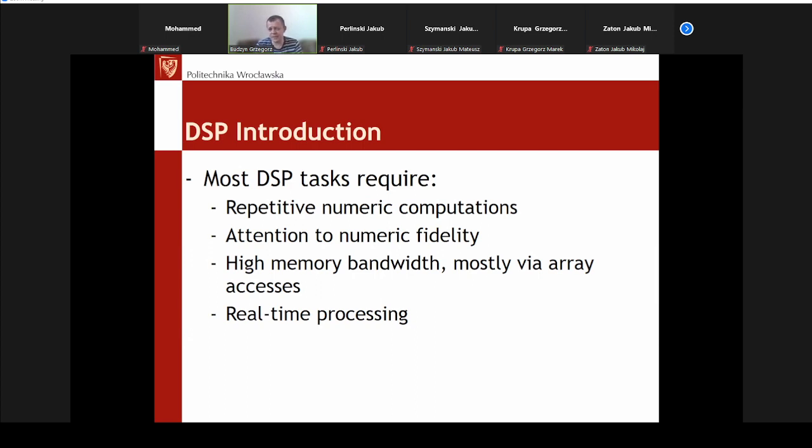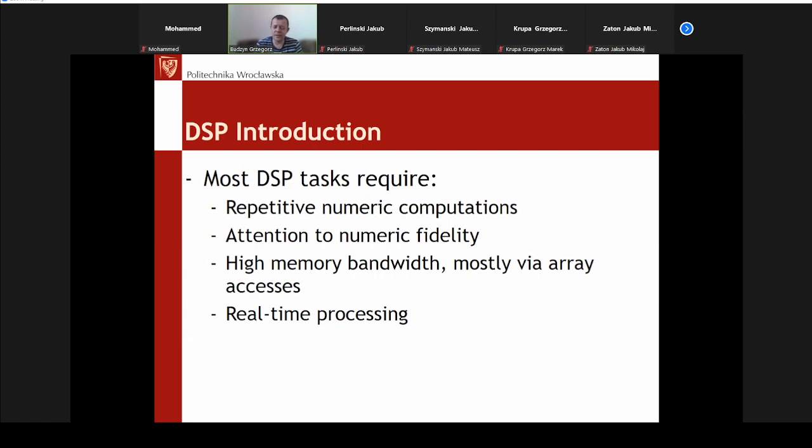DSP tasks require a couple of things to process the signals effectively. Of course, those requirements come from the character of the operations of the DSP.